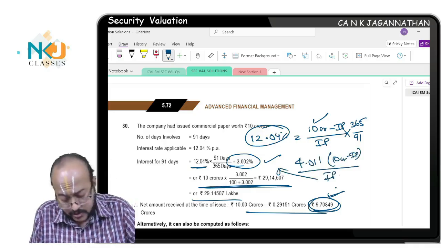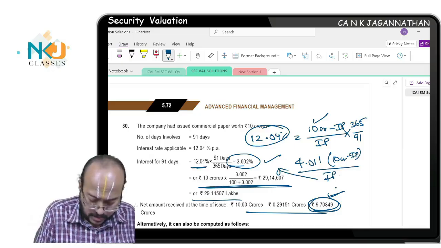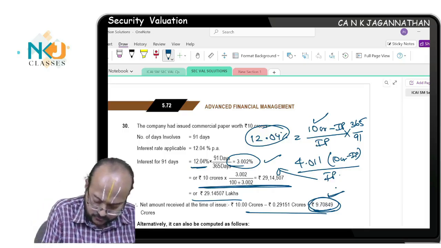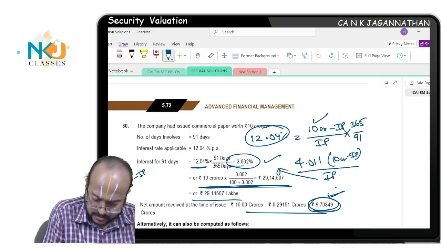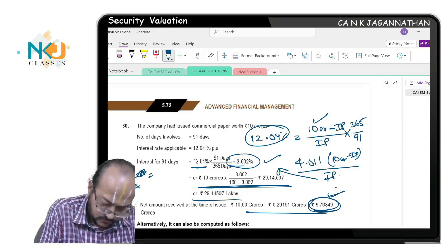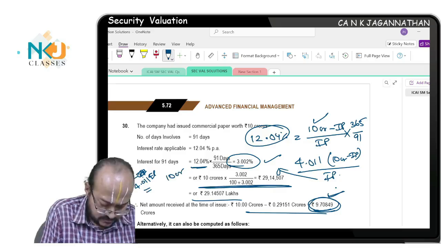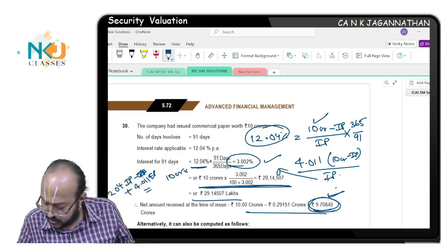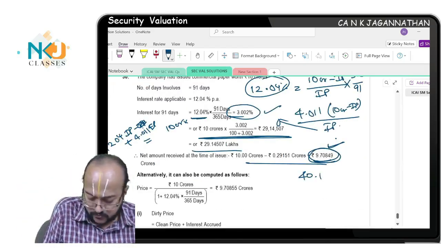Issue price into 12.04 percentage. So 12.04 percentage into issue price, minus issue price, is equal to minus 4.011 times 10 crore; bringing it here, plus 4.011 issue price is equal to 10 crore into 4.011, which is 40.11.